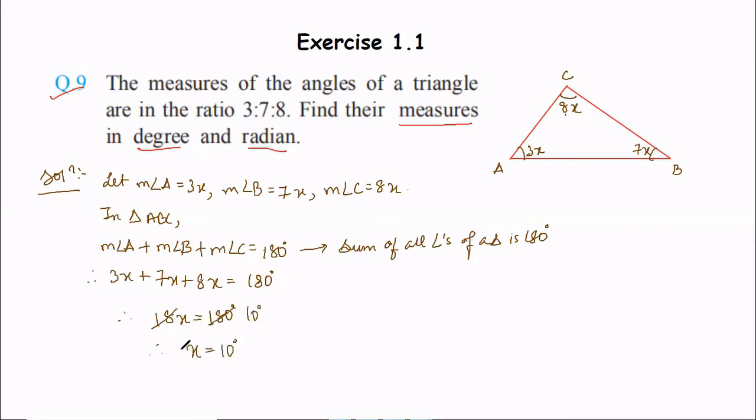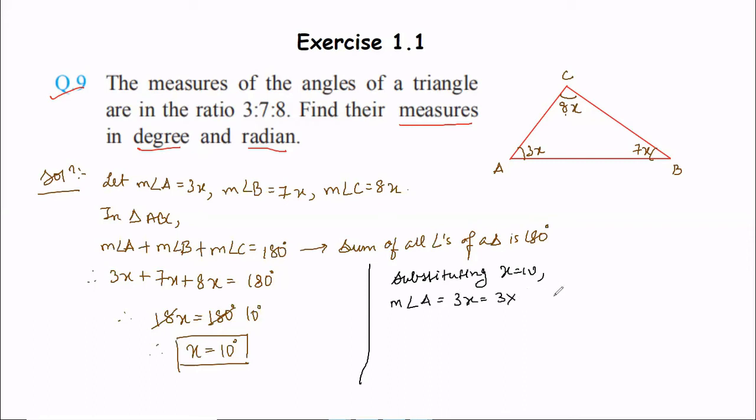So we have got the value of x, the value of the common multiple. So we'll substitute the value of the common multiple in the assumption. Substituting x equal to 10, we will get measure angle A is equal to 3x, that is 3 into 10, that is 30 degrees. That's the answer in terms of degrees. We also have to convert into radians.